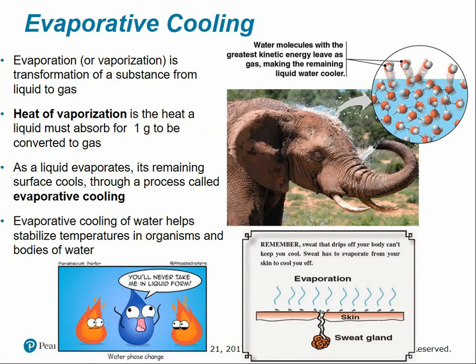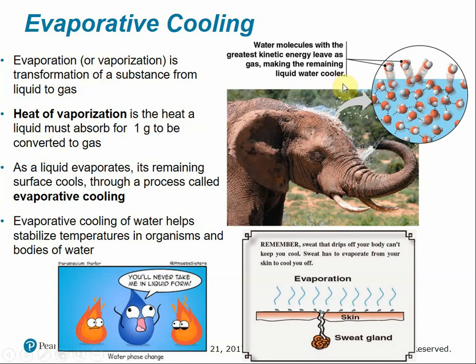Another important emergent property of water is evaporative cooling, having to do with its moderation of temperature. So we said water has a high specific heat, and it also has a high heat of vaporization. That means it can absorb large amounts of heat before it evaporates, to convert to a gas. And we know evaporation, or vaporization, is when we transform a substance from the liquid state to the gaseous state.